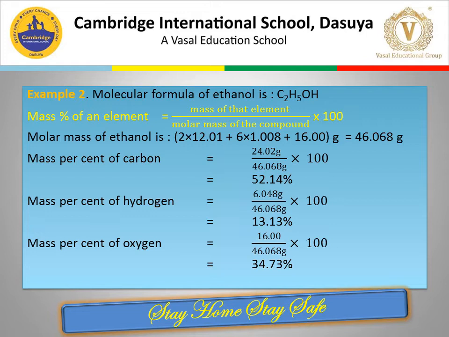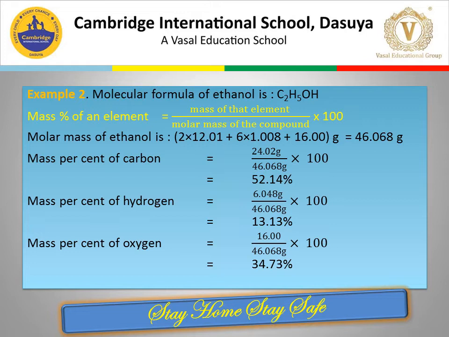Now the mass percentage of carbon is equal to the mass of carbon upon the molar mass of ethanol into 100. The mass of carbon is 2 into 12.01, that works out to 24.02, upon the molar mass of ethanol, that's 46.068, into 100. The mass percentage becomes equal to 52.14%.